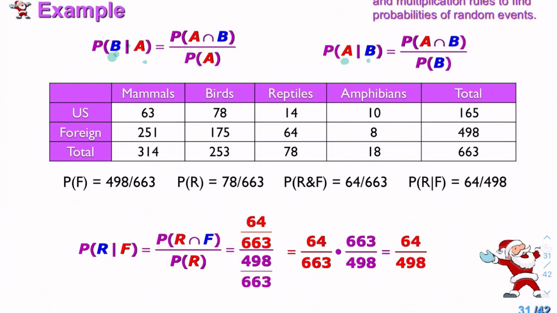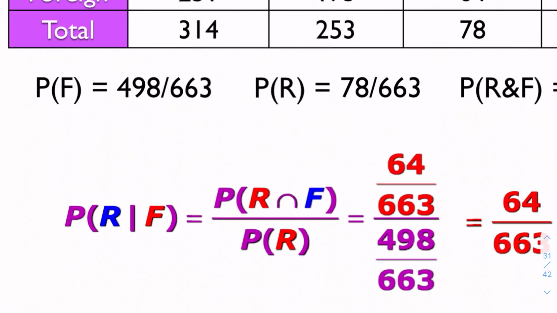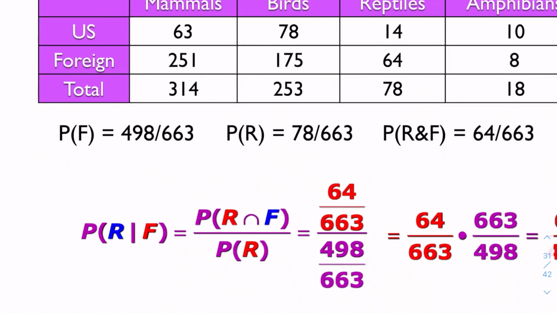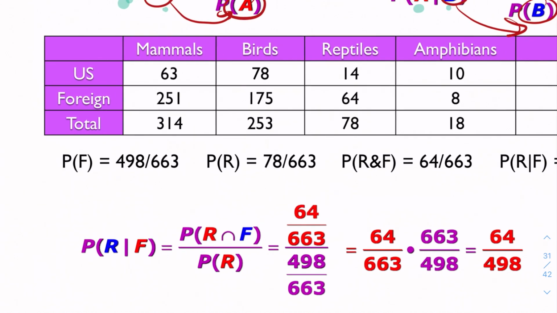Notice, again, the A and the A match. Second denominator, the B and the B match. I want to know what's the probability that we have a reptile given that it's foreign. So I want to look at reptiles that are foreign.